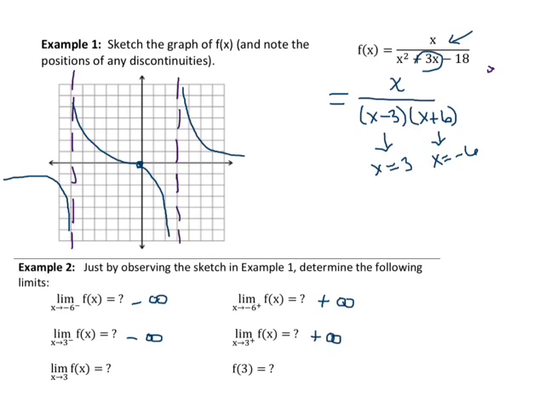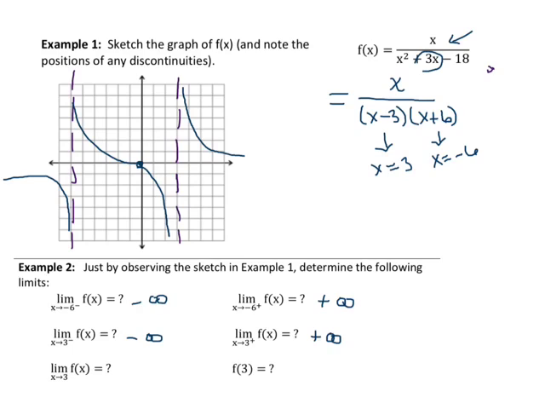Now what about the limit as x approaches 3 of the function in general? Let's look at the left-hand side limit, -infinity, and the right-hand side limit, +infinity. Notice this goes to -infinity, this goes to +infinity.